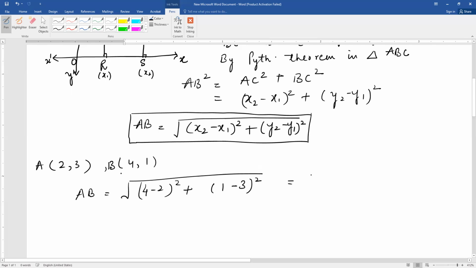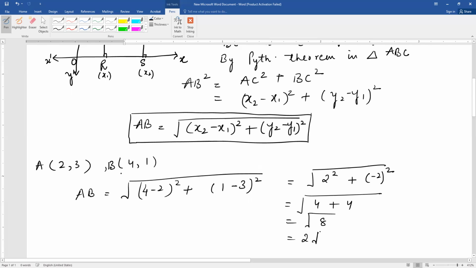What do you get? 4 minus 2 whole square means 2 square. 1 minus 3 means minus 2 whole square. This gives you 4 plus 4, that is 8. And under the root 8 is nothing but 2 root 2. So the distance AB is 2 root 2 units.